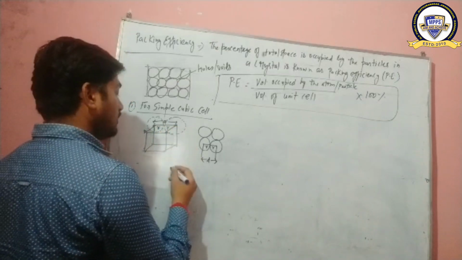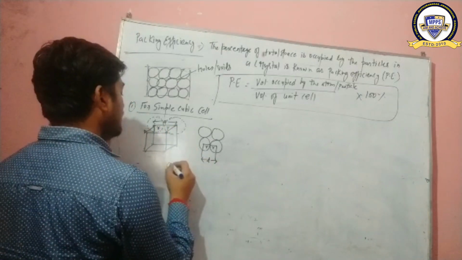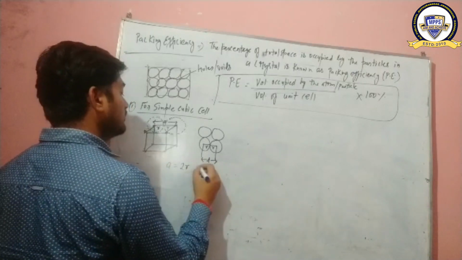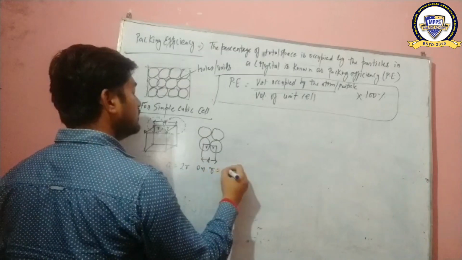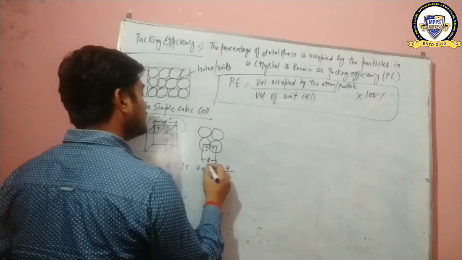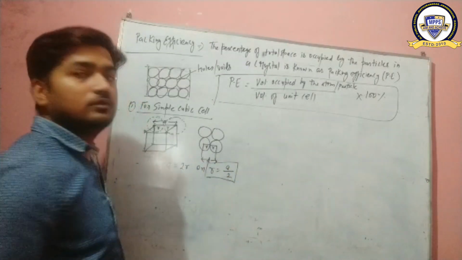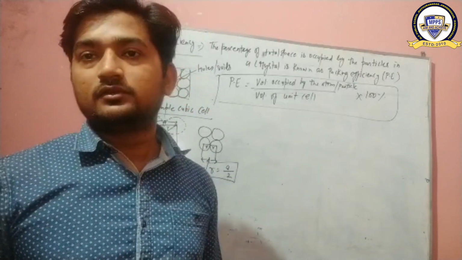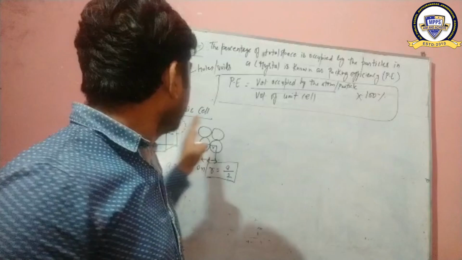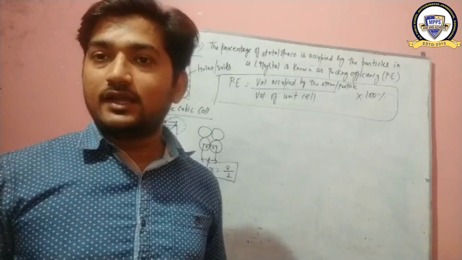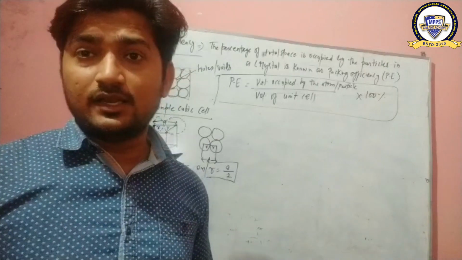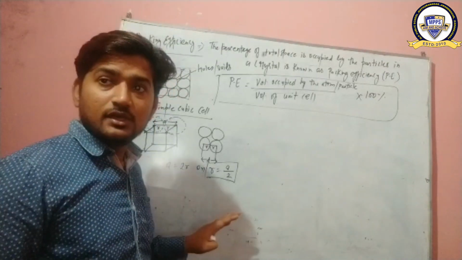So what we say here, a is equal to 2r, or r is equal to a by 2 for a simple cubic cell. That is the relation between the radius and edge length for a simple cubic cell.